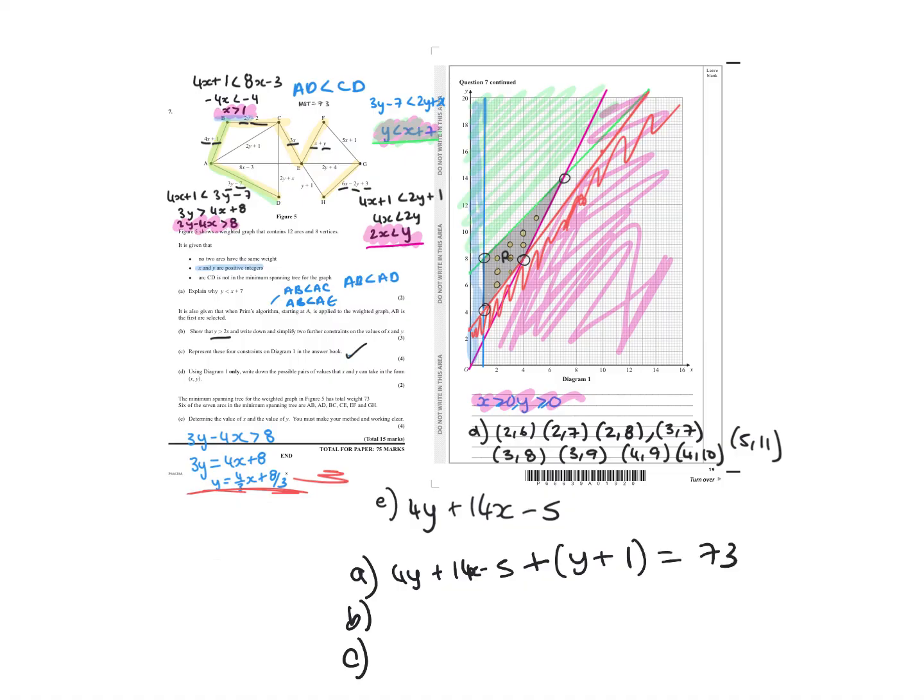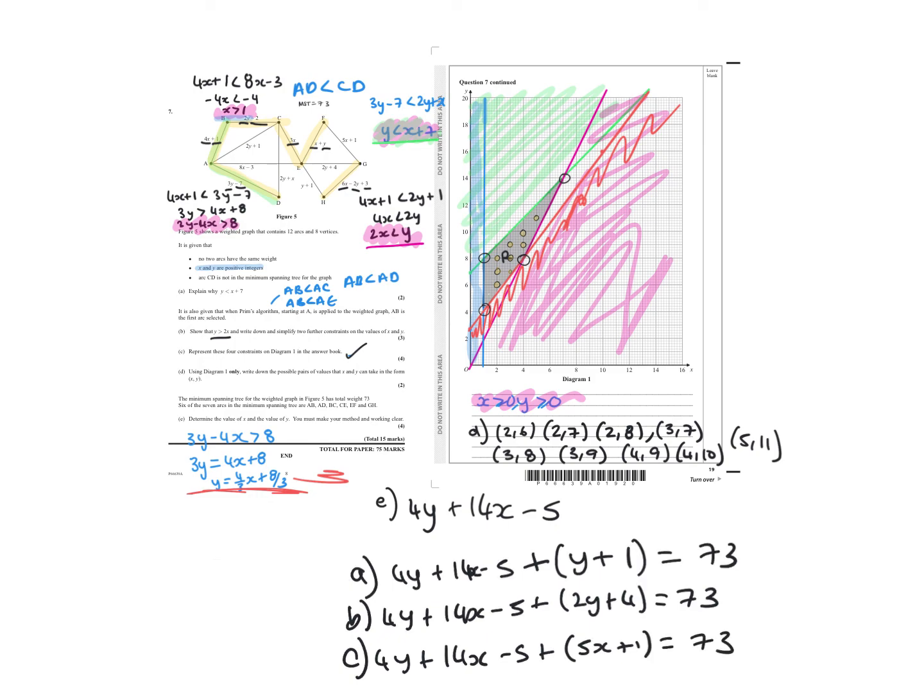Or option B, I've got my 4y plus 14x minus 5 plus 2y plus 4. This could equal 73. Or I've got 4y plus 14x minus 5 plus 5x plus 1. This could equal 73.